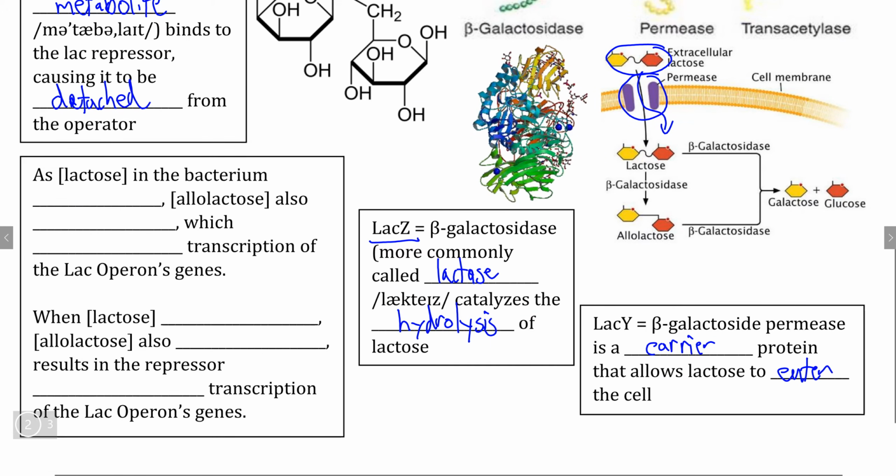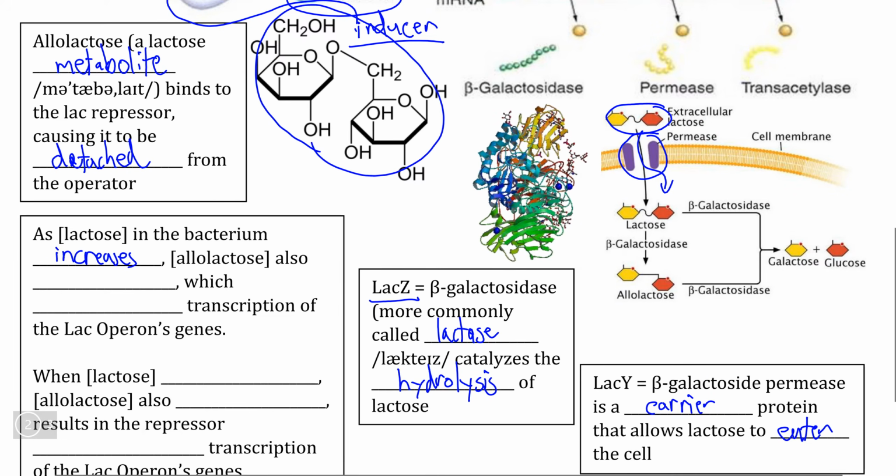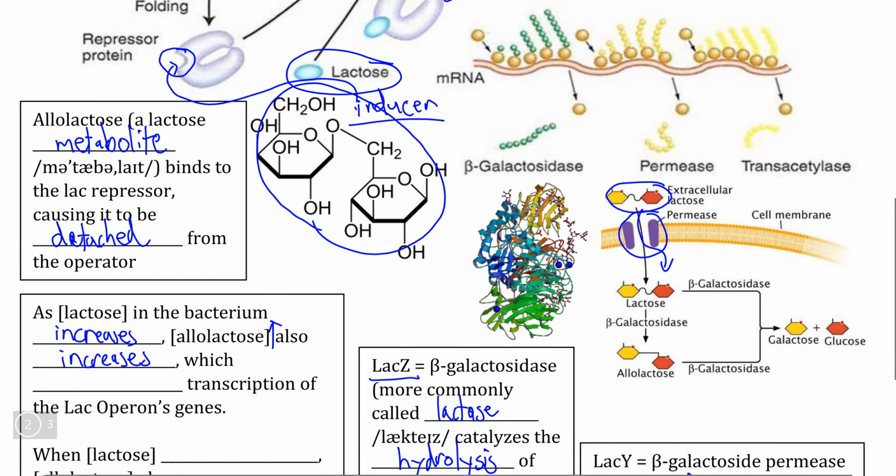So if we want to summarize the regulation of the Lac repressor here, as more and more lactose enters the bacterium, meaning that as the concentration of lactose inside of the bacterium increases, more of that lactose is going to be metabolized into allolactose, causing its concentration to increase as well.